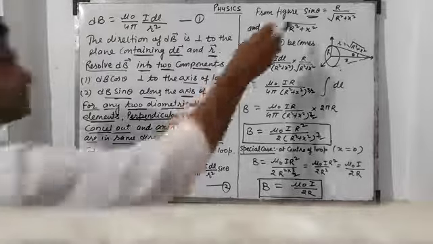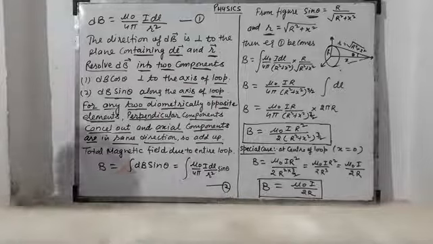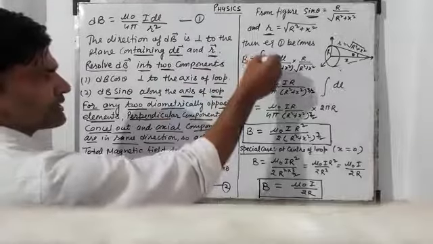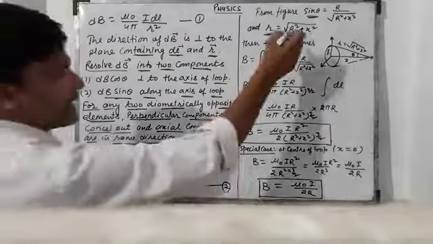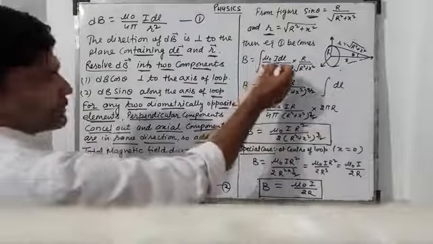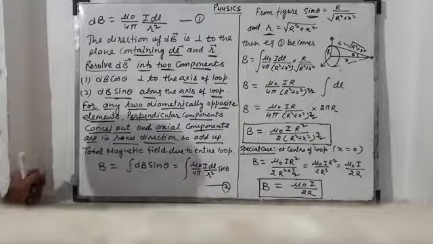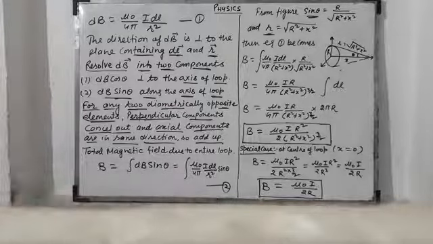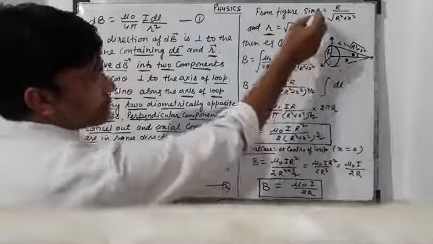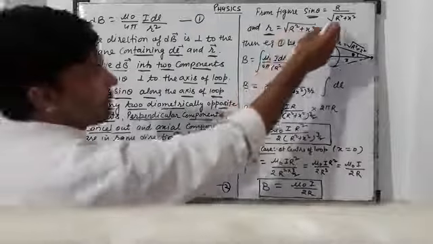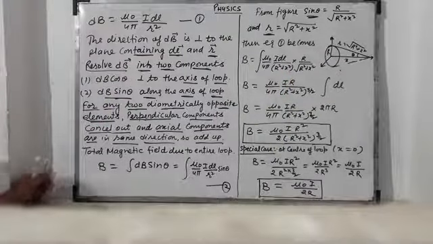With the help of these values, equation 1 becomes B is equal to the integral of mu naught upon 4 pi, I dl, over R square plus x square, and in place of sin theta, R upon square root of R square plus x square.